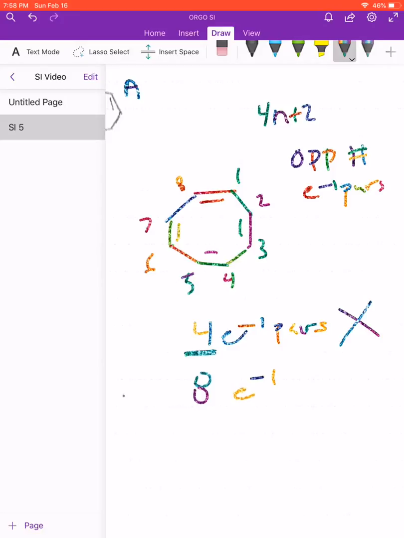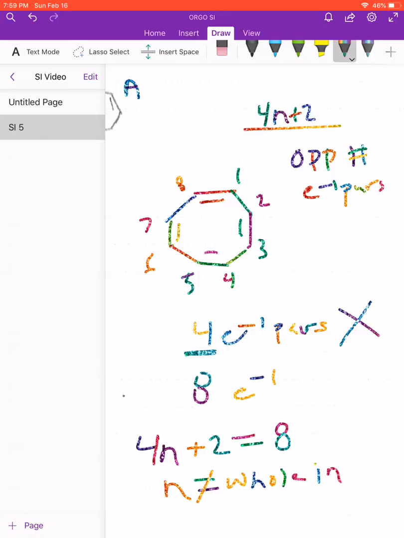But we can also think about this through Huckel's rule instead. Is there any whole integer that you can get when you plug in that 8 into Huckel's rule? Will n be a whole integer? A whole integer is just like 1, 2, 3, 4, not a fraction.